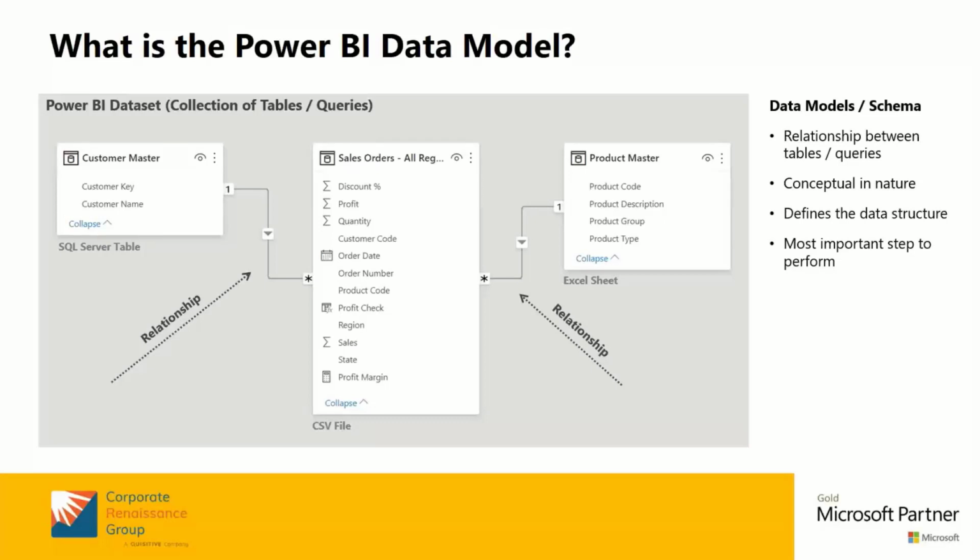When I start relating tables to each other, only then I can create meaningful reports out of it, right? So when we say we create relationships within a data set, we are saying we are creating data models, right? It is basically a conceptual stuff. I mean, we are not doing a join and saving it somewhere. It's just a definition over here.